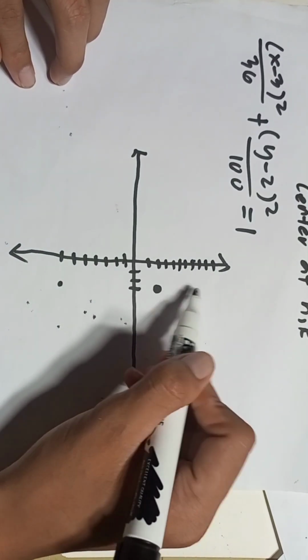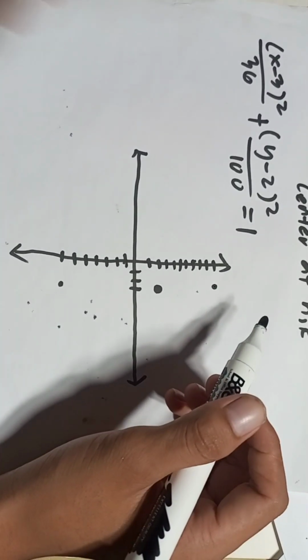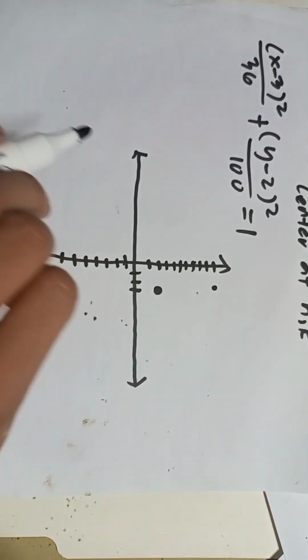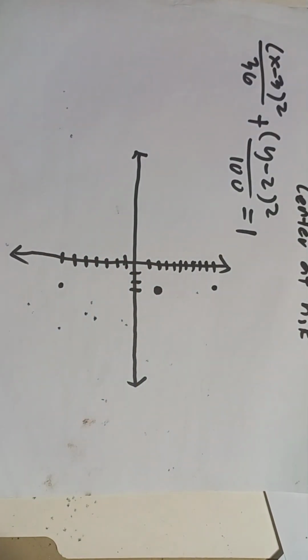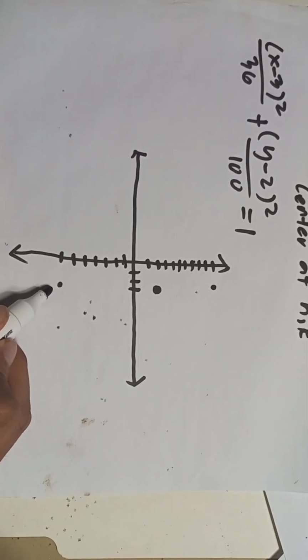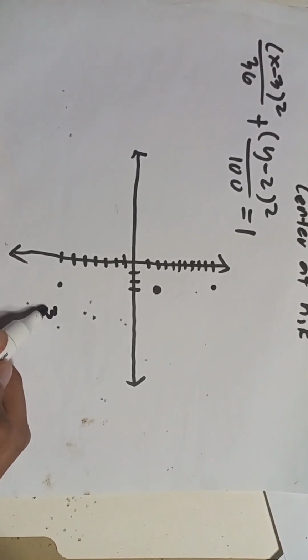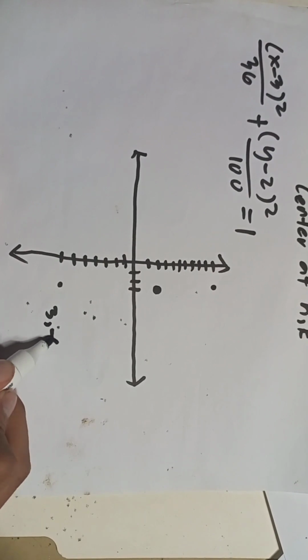Just the same, 8. So our focus is at positive 3 and negative 6.